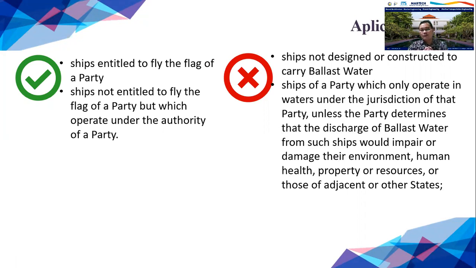Let's say a ship operates from Surabaya to Jakarta, and the national regulation says that it is not necessary to comply with international regulation or the Ballast Water Convention. So the ship is not necessary to follow or comply with the convention.